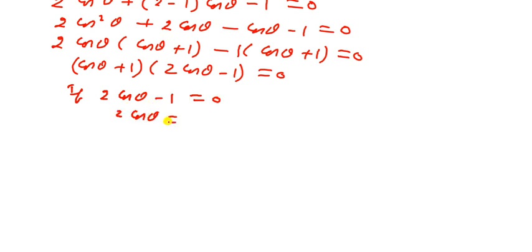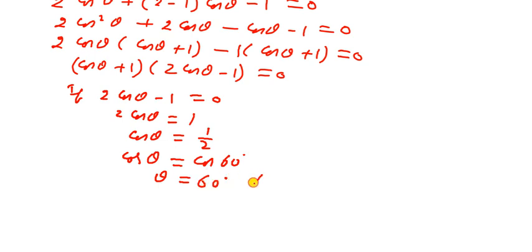Now if 2 cos theta minus 1 equal to 0, then 2 cos theta is equal to 1 and cos theta is equal to 1 by 2. So do you know the value of cos theta that is 1 by 2? It is cos 60 degrees. So theta is equal to 60 degrees. That is your first answer.